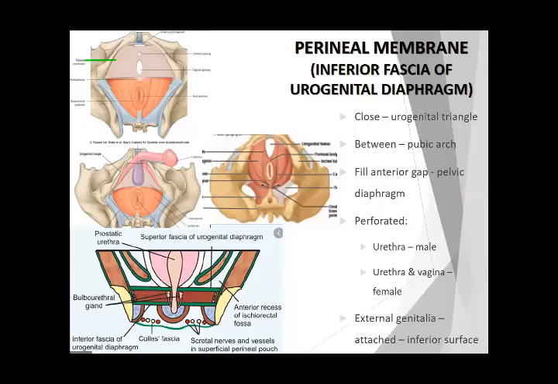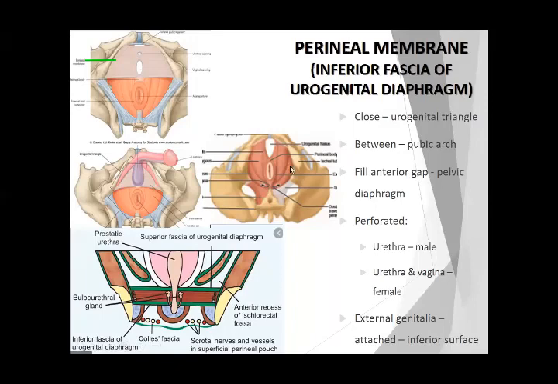Just talked about the perineal membrane, so let's discuss the perineal membrane first. This whitish thing, this is the perineal membrane. The perineal membrane closes the urogenital hiatus.